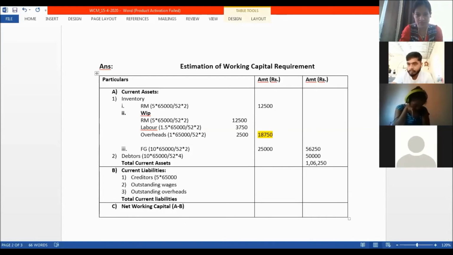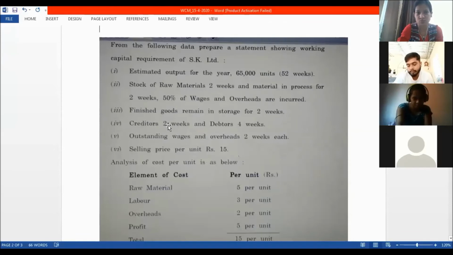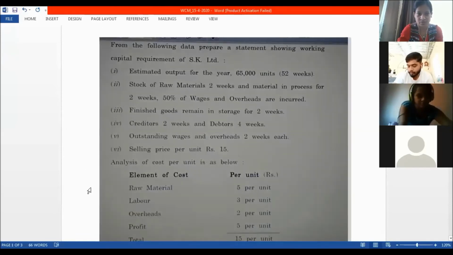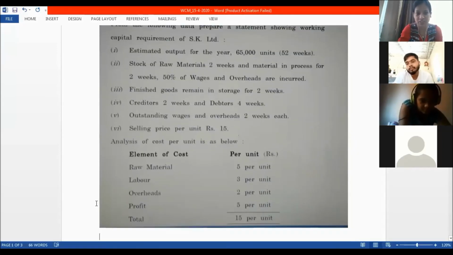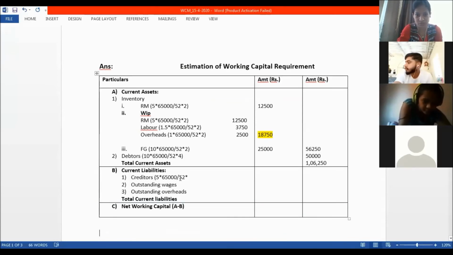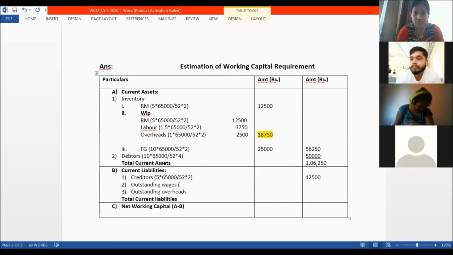Now we'll divide this by 52 weeks and find out how much payment is left to the creditors. Creditors 2 weeks. It means whatever raw material you are purchasing, 2 weeks payment is left. You haven't paid it yet, or you get time for making that 2 weeks payment. So how much does that payment come to? Just check it out. For 2 weeks, it comes to 12,500.